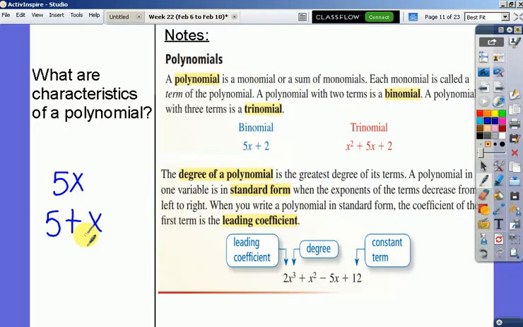Now sometimes our trinomials and binomials, etc., have special names. For example, and the book doesn't talk about this, but it is very important to know. I'll write it out to the side here.